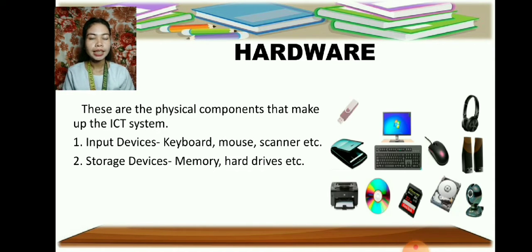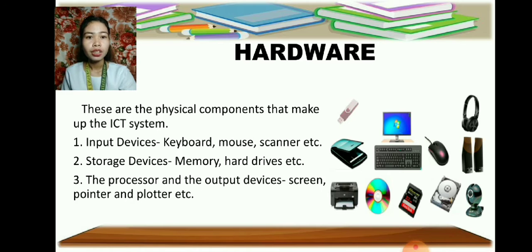Storage devices are memory, hard drives, and so on. I know all of us have a memory card in our cell phones that lets us store more data. The processor and the output devices are the screen, printers, and plotters. Those are hardware.